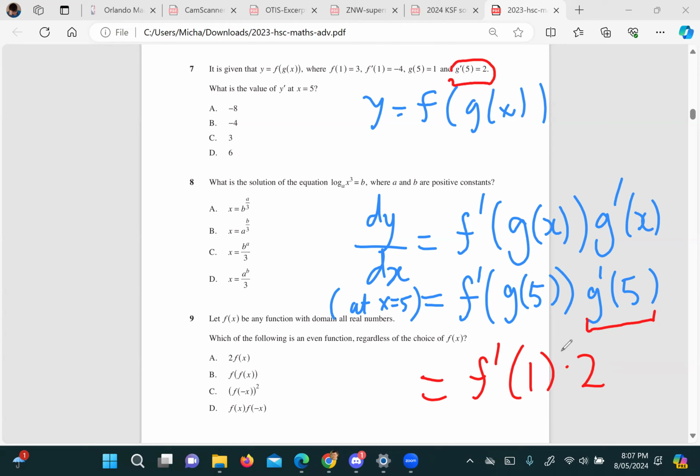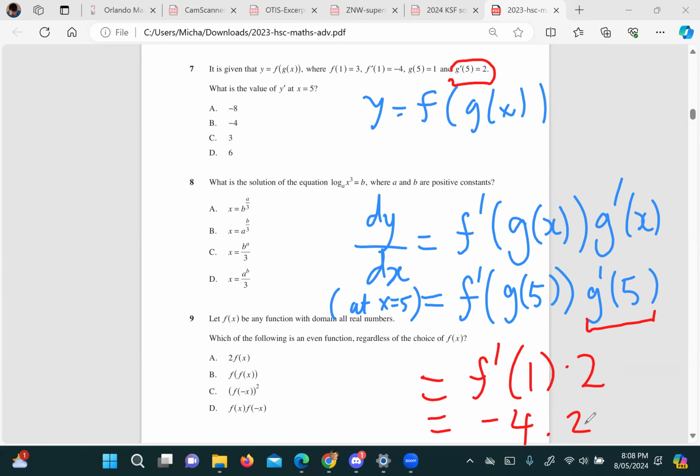And we also have f prime of 1, which equals negative 4, times 2. And that's minus 8.